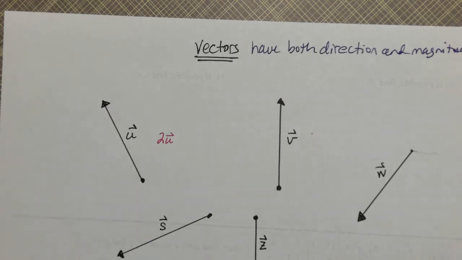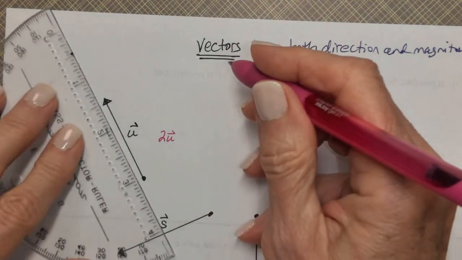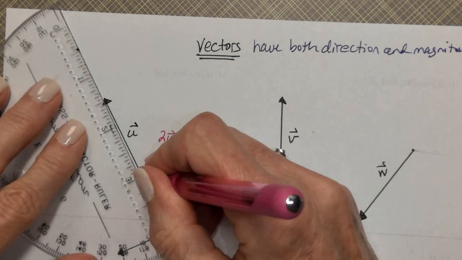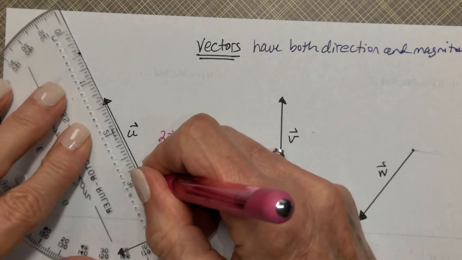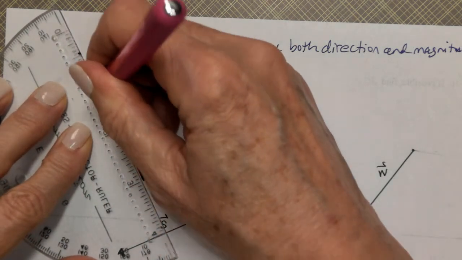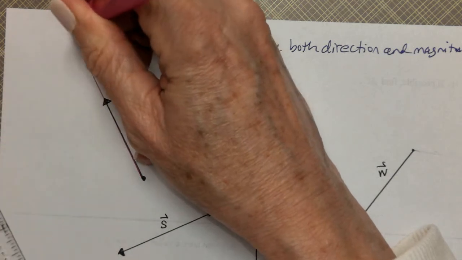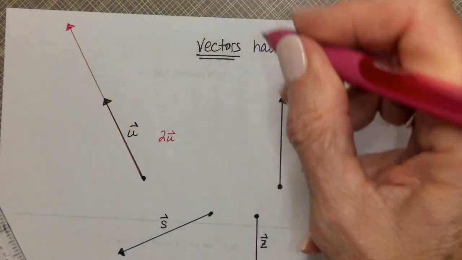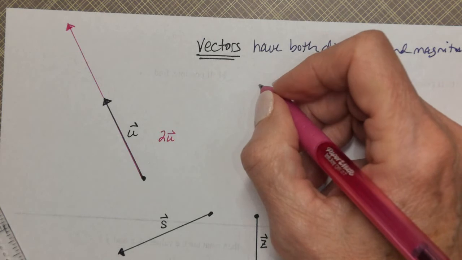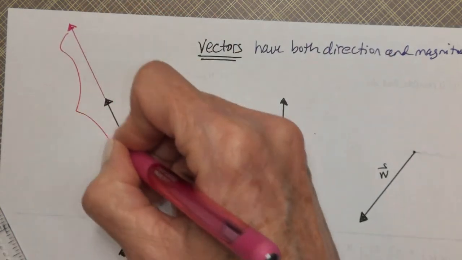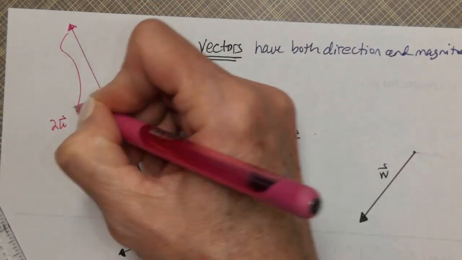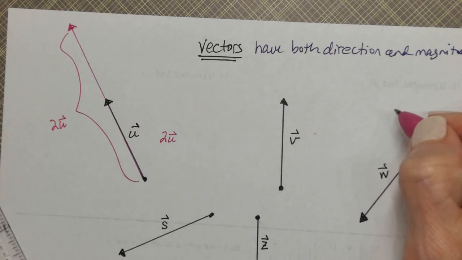So it would go off in the same direction. Okay, I would just multiply it by 2. So what I have in pink right over there would be 2u. So same direction, I just double the length.